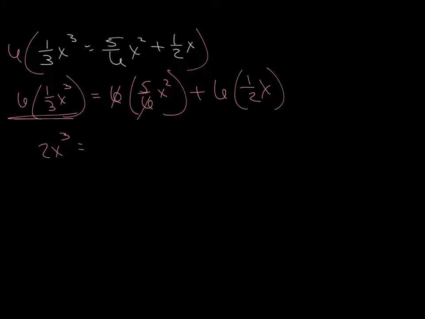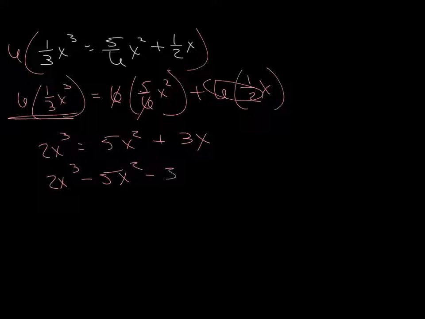That is going to cancel with that. 6 halves is 3. So we have that. Alright, so let's write this all in the same side. So subtract that from both sides and the 3x, and we get 0. Now I'm going to factor out what's common to these. I have an x that's common to those.